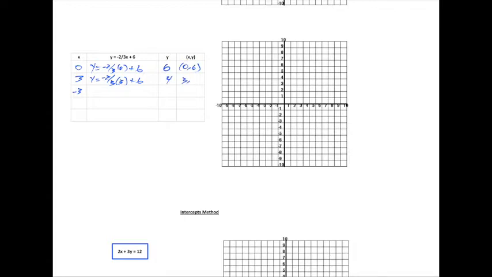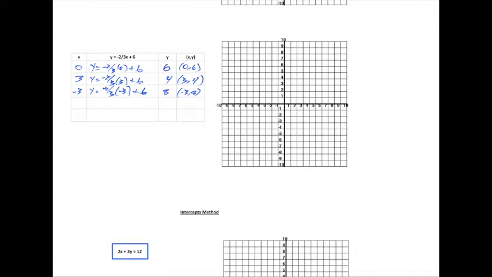And so we have (3, 4). And here we're going to have y equals a negative 2/3 times a negative 3 plus 6. Negative times negative is going to go positive. The 3's are going to cancel. And so we're going to have 2 plus 6 is 8. And so we have (-3, 8).